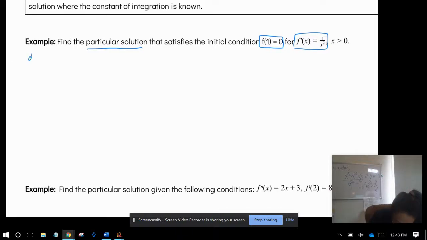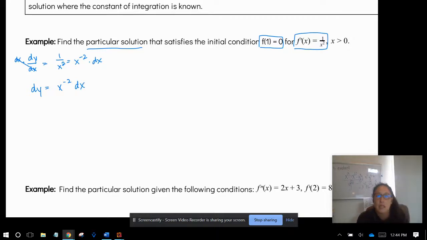So the derivative dy dx is equal to 1 over x squared, which we know is x to the negative 2. I'm going to multiply both sides by dx. This is how we get the dx in our integral. So I get dy is equal to x to the negative 2 dx.